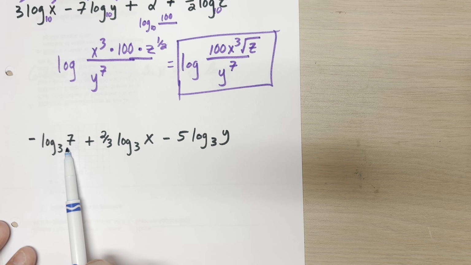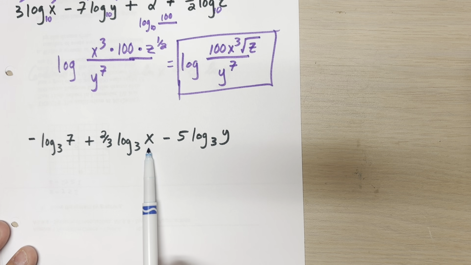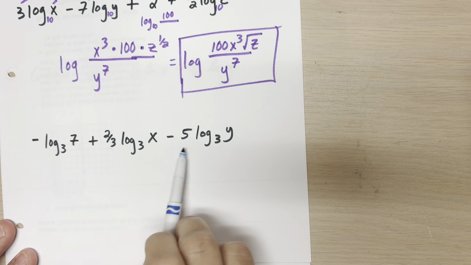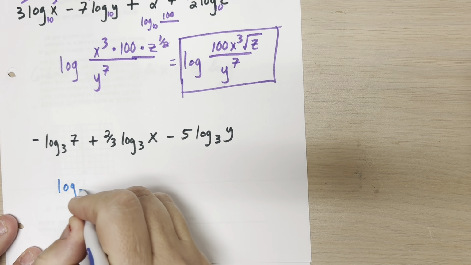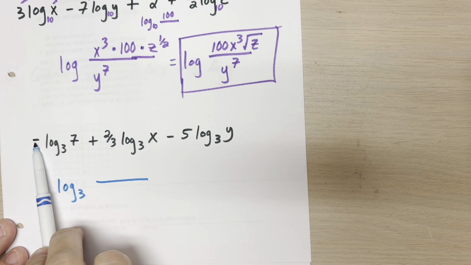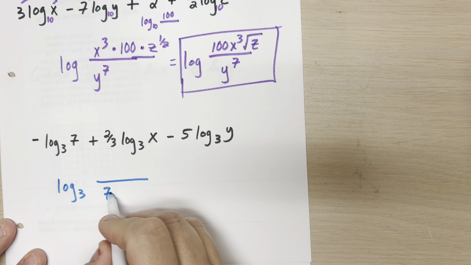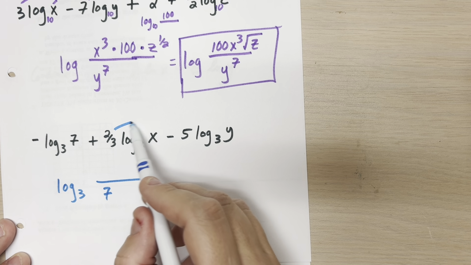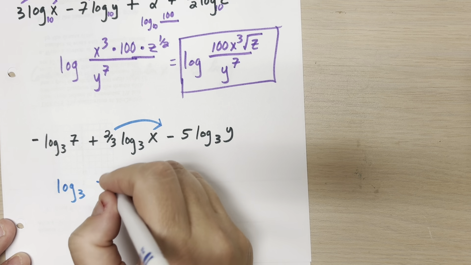Negative log base 3 of 7 plus 2/3 log base 3 of x minus 5 log base 3 of y. So I have negatives. I know I'm going to have a fraction. Negative means the 7 is going down to the bottom of the fraction. 2/3 is going to come up as the exponent.